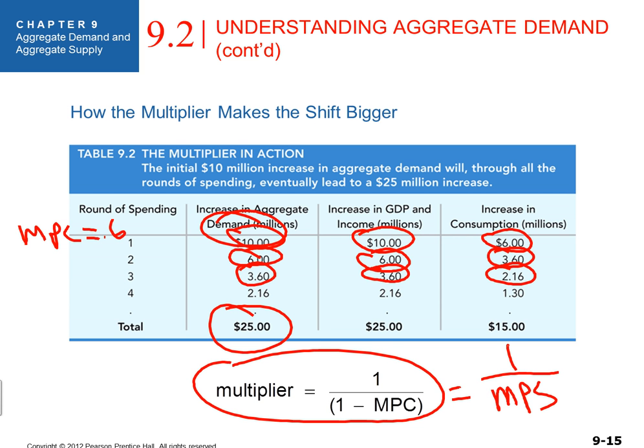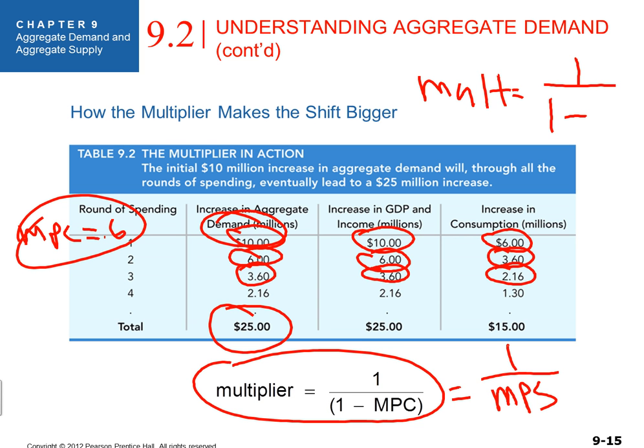In this example, since you know MPC is 0.6, you'd say the multiplier is equal to 1 divided by 1 minus 0.6, which comes out to be, in this case, 1 divided by 4 tenths, which is 2.5.